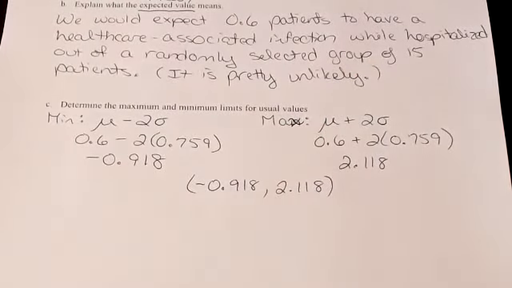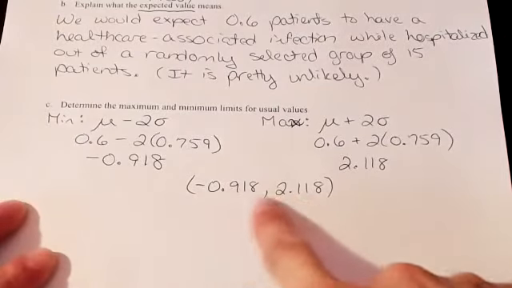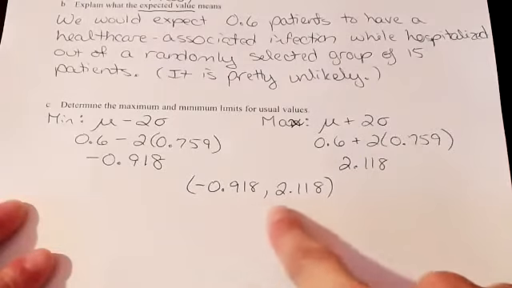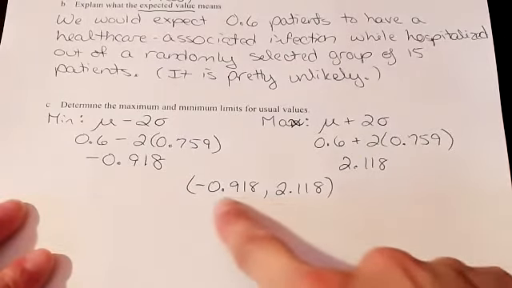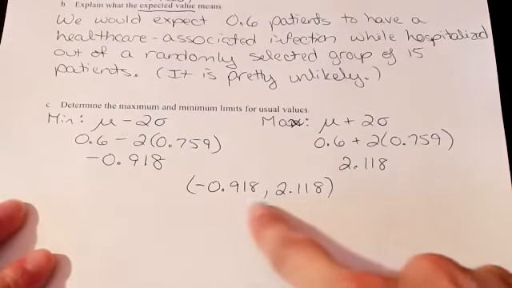We can talk about unusual values or usual. So here's what I'm going to start with. I want you to think about the fact that we're talking about people. Do you agree that 0 patients is in this range? 0 patients falls within this range. 0, 1, 2 are all within this range.